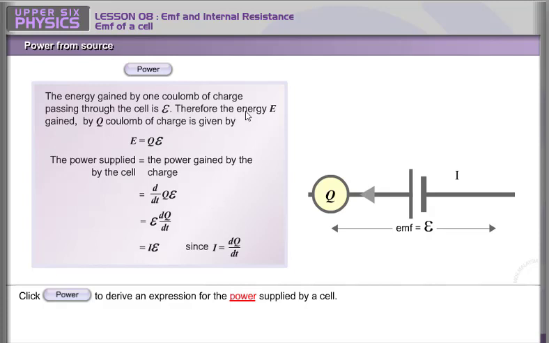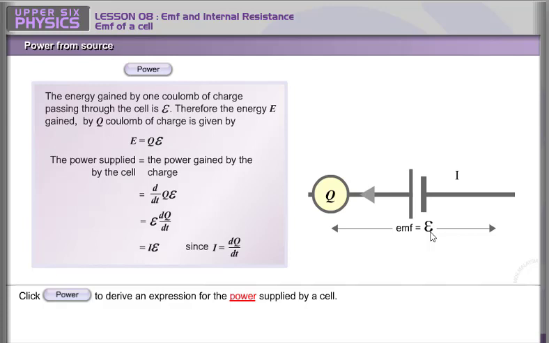Therefore, energy E gained by Q coulombs of charge is given by E equals Q times V. But our V here is this EMF, so instead of V, we use epsilon. Epsilon represents the EMF of the cell.